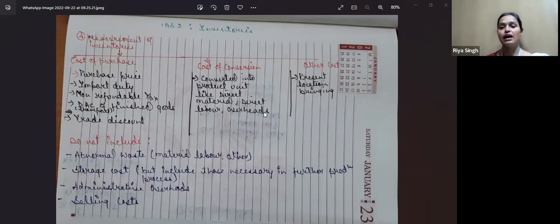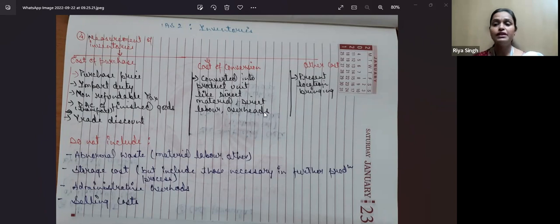Now, after having this cost of the inventory, you also have to figure out the net realizable value. How are we going to calculate it? Whatever the expected selling price of that inventory is, we have to deduct all the cost of the sale. After just going for sale, whatever cost we have involved, the cost of sale, we have to deduct, then only we will get our net realizable value.